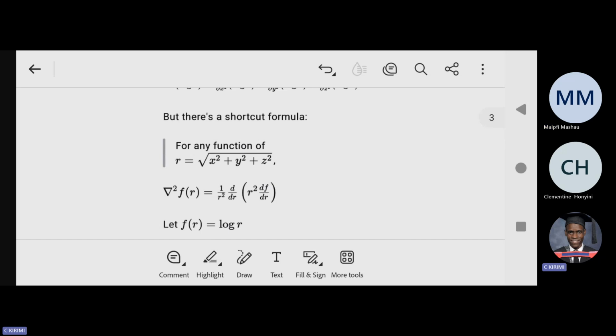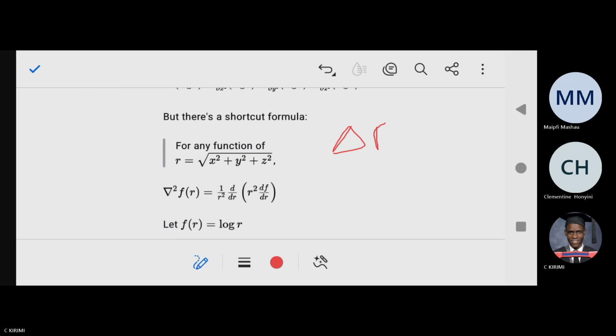So R, which we are being given. So you see the difference between the del operator and the delta. This del operator is for the second partial derivative. It's different from the one for change. See, the del operator is a triangle that is facing downwards, with the vertex pointing downwards. Don't confuse it with the one for change, which has the vertex pointing upwards.